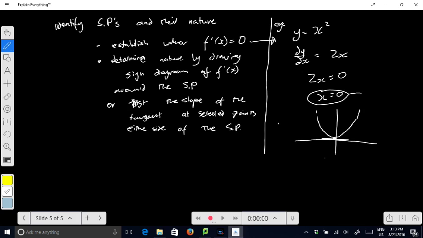So two options there: establish where that equals zero, determine the sign diagram, or test using the left and right method. So we'll have a look at an example.